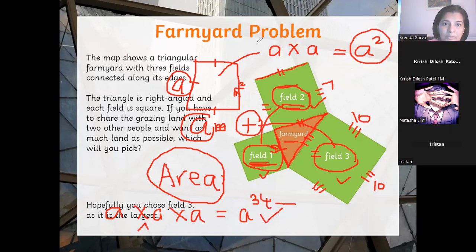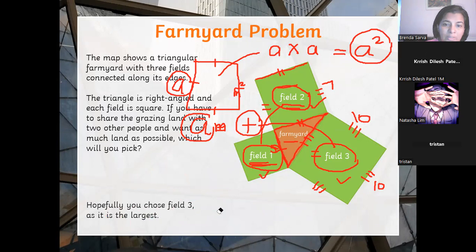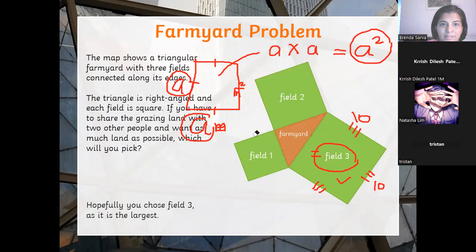But anyways, let's go back to this. We just want area of a square. You remember that. We are working with squares here. The fields are all squares. Can you see? All these fields are squares. They are not rectangles. If this is the length of this side, then this is also the same. So if this is B, then the field 2 is B squared. Do you agree? If this is A, then field 1 is A squared.